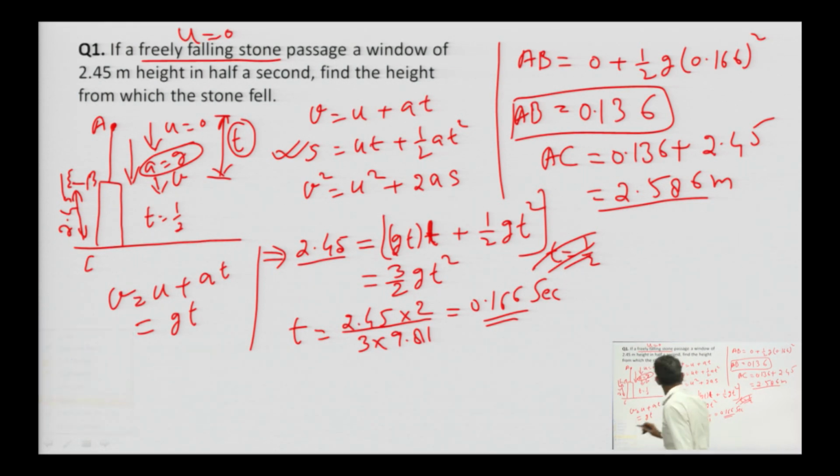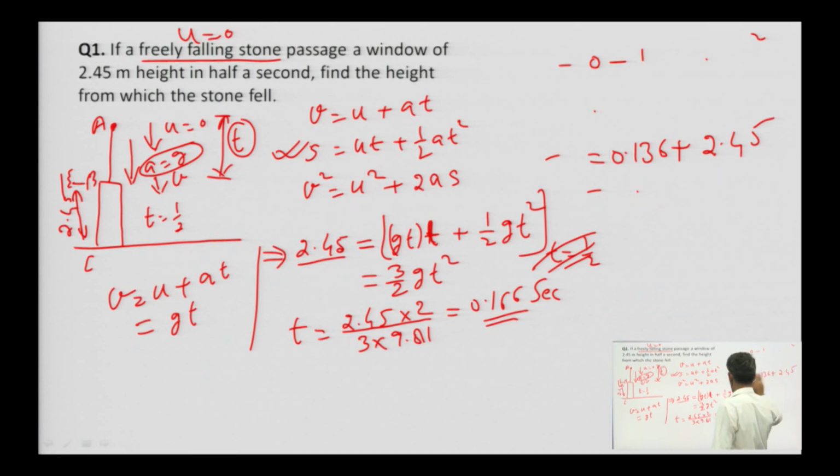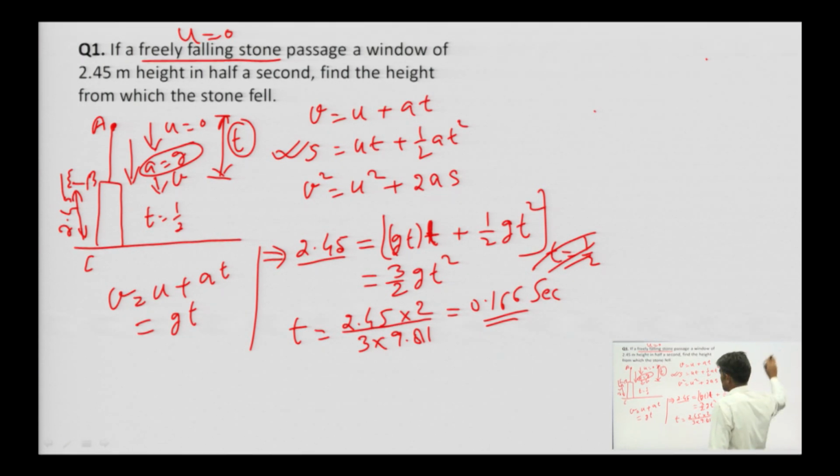What was the mistake? We used t for both cases, for AB and for BC.